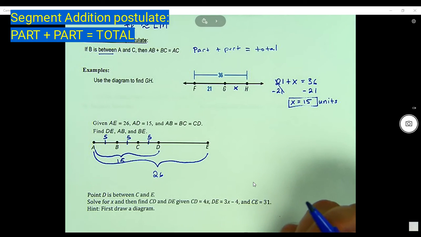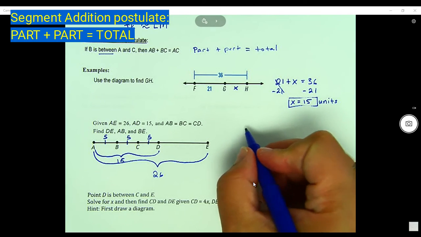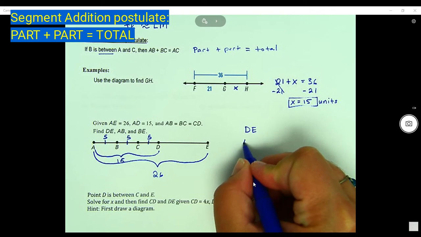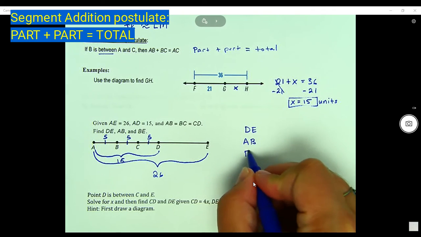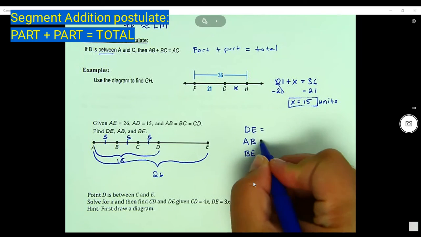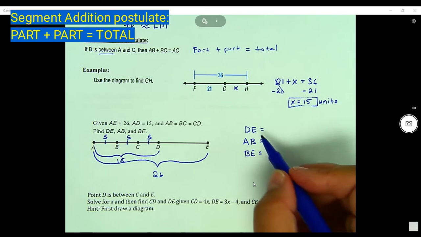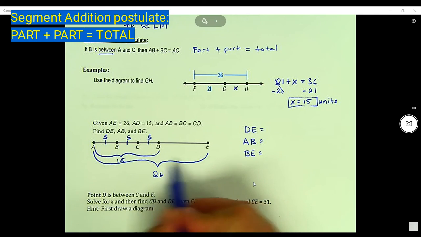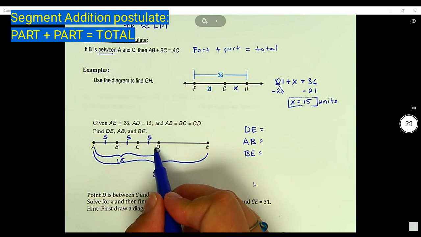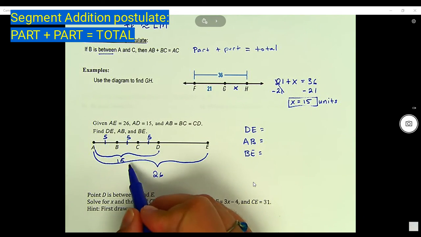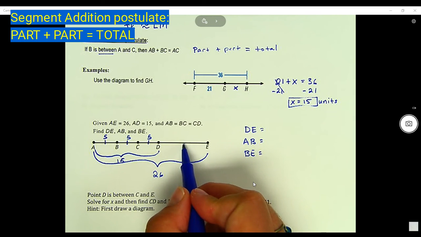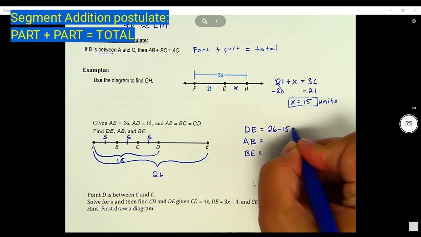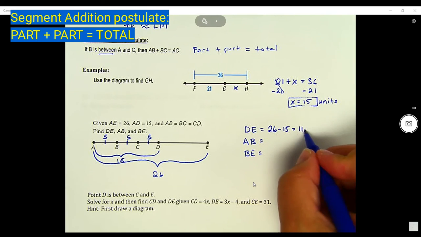Okay, so they're asking us for a couple of things. They want to know the length of DE, they want to know the length of AB, they want to know the length of BE. DE is from here to here, and if I know the total is 26 and that this part is 15, then all I really have to do is subtract that 15 to figure out that this is 26 minus 15 is 11 units.